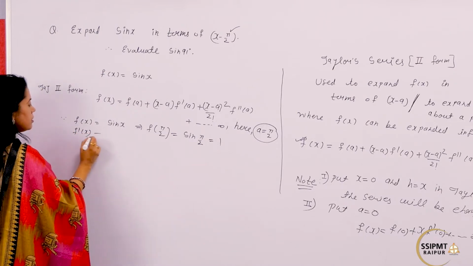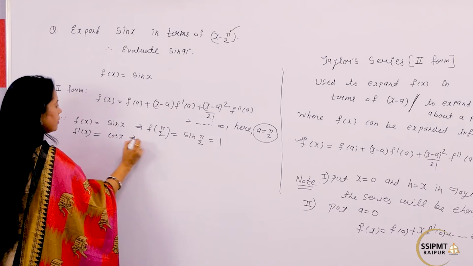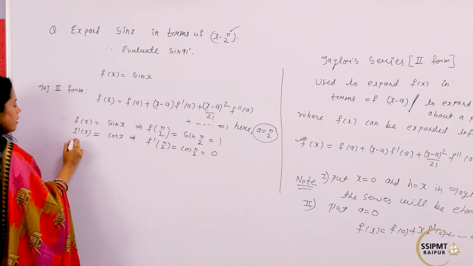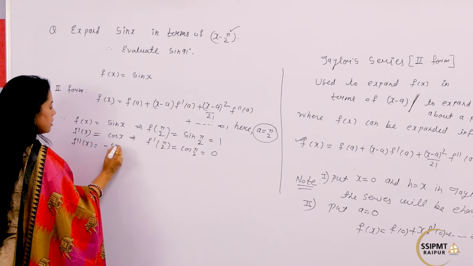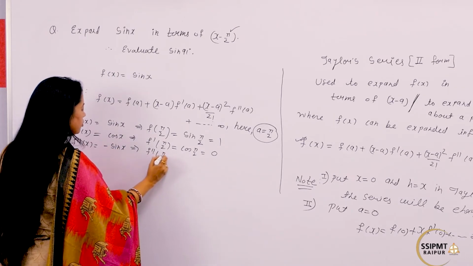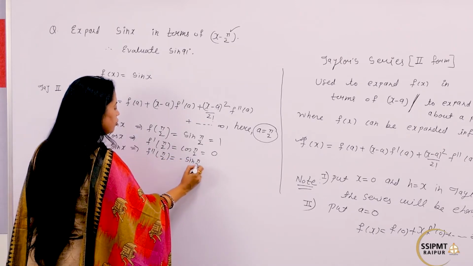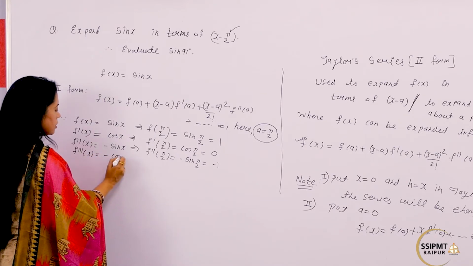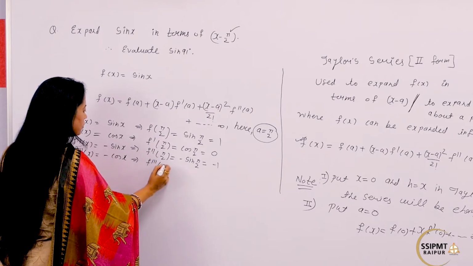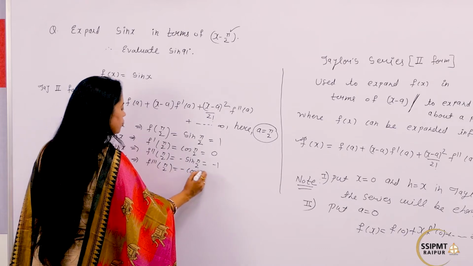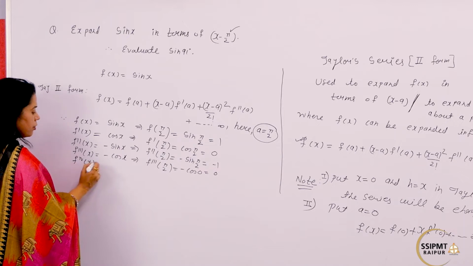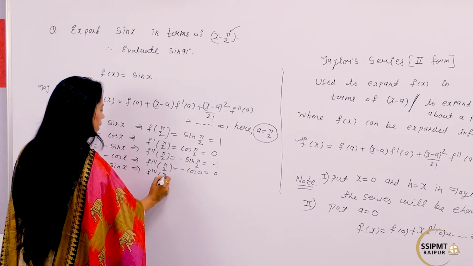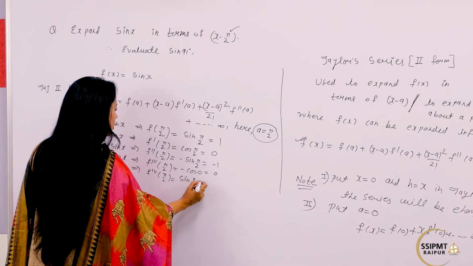f dash x, when sine is differentiated once, it will be cos x, and further f dash pi by 2 will be cos pi by 2, that is 0. f double dash x, which is minus sin x, so f double dash pi by 2 is minus sin pi by 2, which is minus 1. f triple dash will be minus cos x, so f triple dash pi by 2 will be again 0. f fourth x will be sin x again, so f fourth pi by 2 will be sin pi by 2, which is 1.